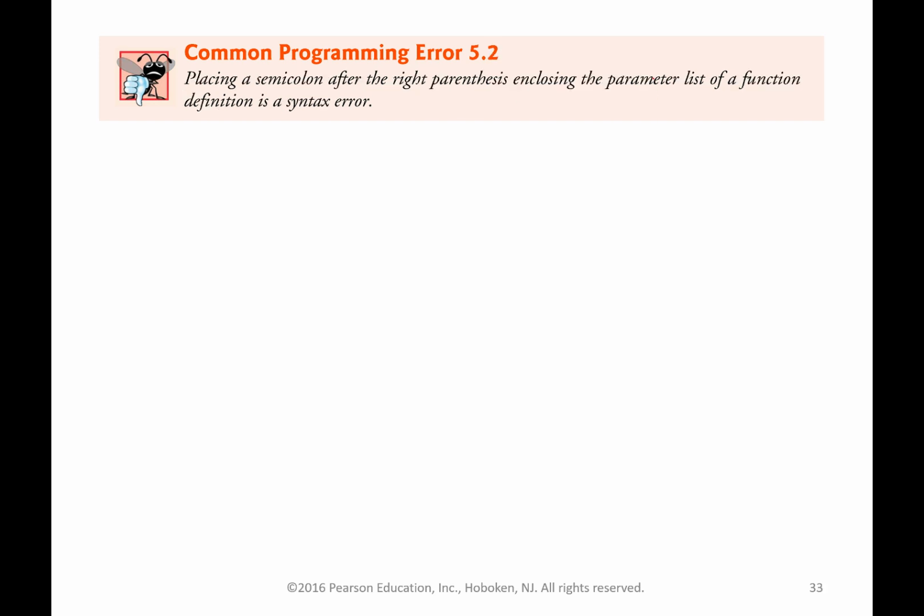Place a semicolon after the right parenthesis closing the list of parameters. Those are common syntax errors. At the top we have our int square, I'm just going to use s, and we put the semicolon there. Then down here we also have int s, our parameter list, usually some comments, and then we start our code.